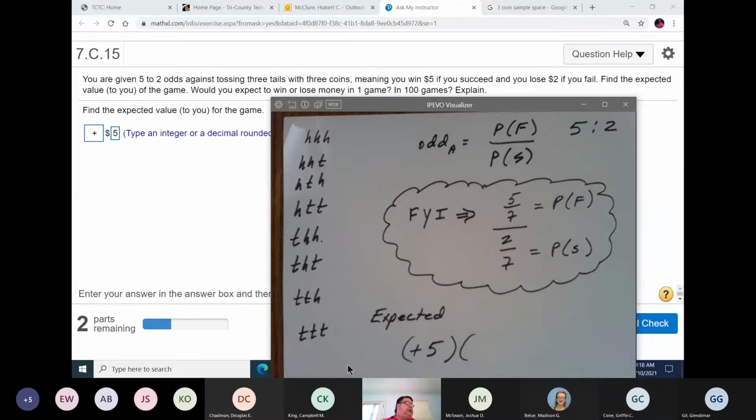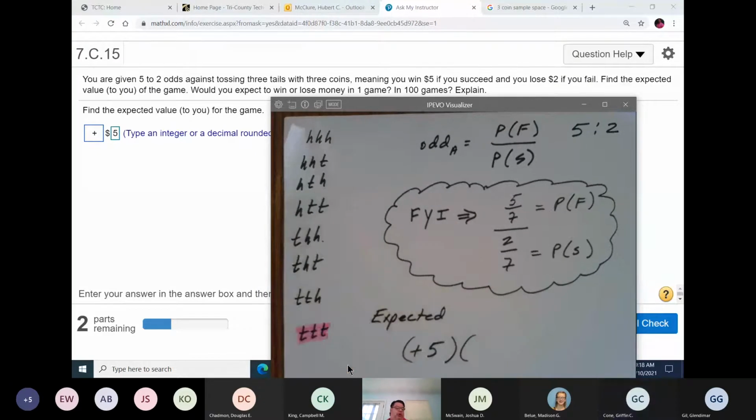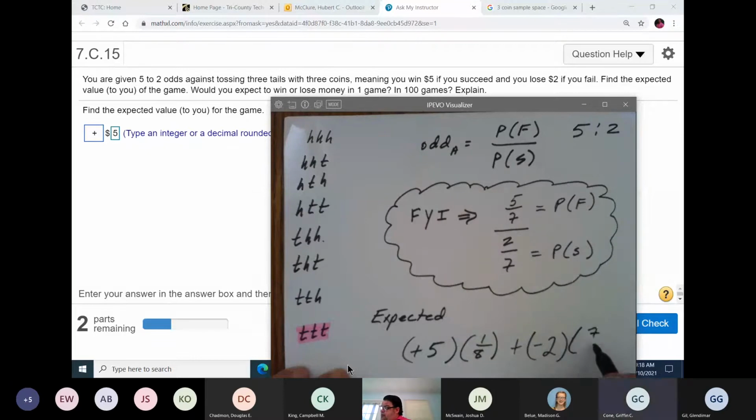Yes, Hubert, it's down there at the bottom where you have 3 T's. Yes, that's right, class. So what is the probability of getting 3 tails? 1 out of what? 1 out of 8. Plus the expected value of losing $2 times 7 over 8.